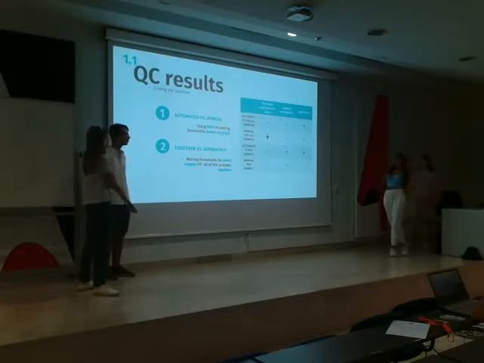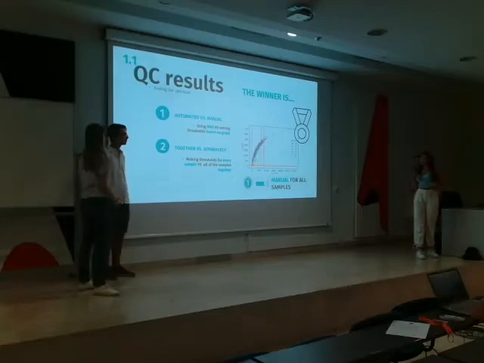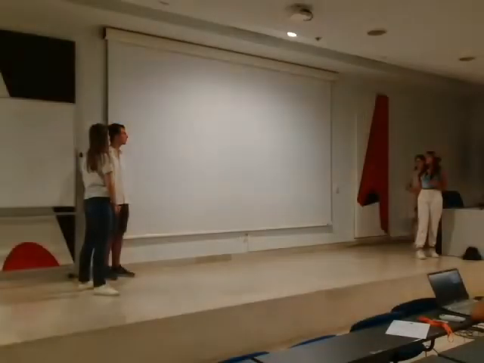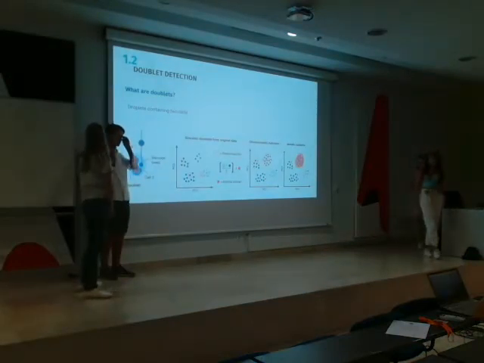It showed that this was actually our winner because it did the most important thing. It basically threw away cells that we don't need, and it wasn't too permissive and it wasn't too restrictive, as you can see here. And then the other part of QC is actually doublet detection.